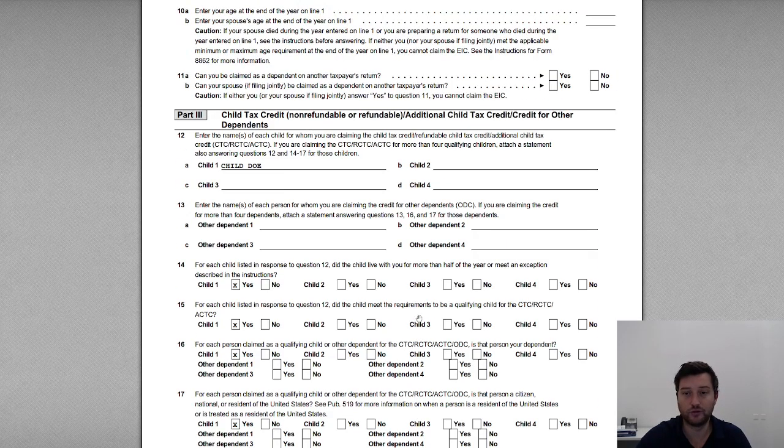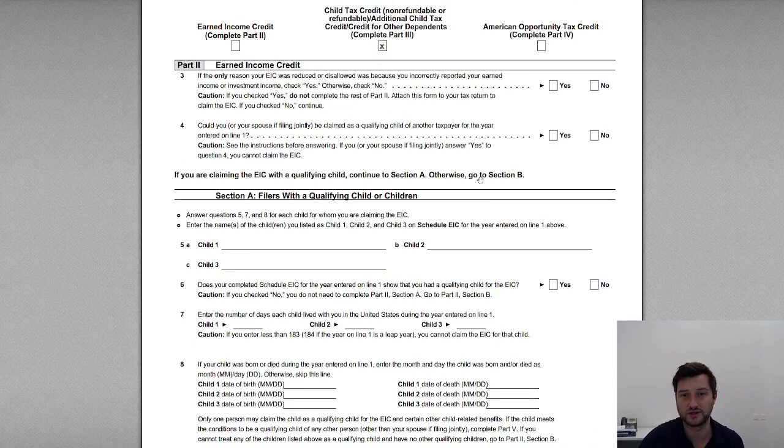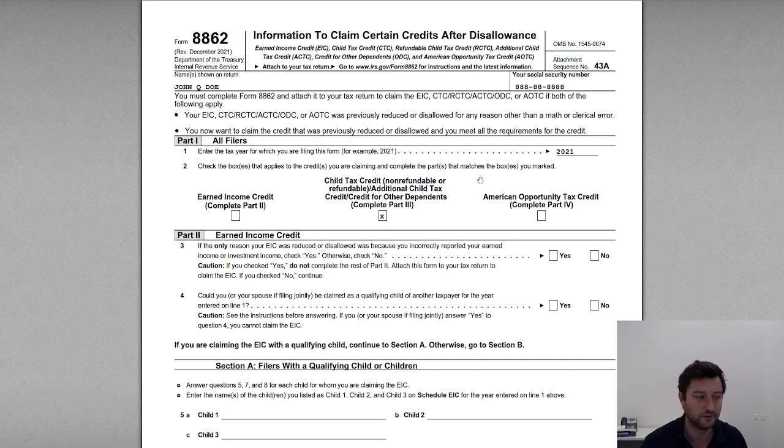And that's the end of the form. So you'll notice that there's not a lot of additional information on this other than the due diligence you've already seen on the Form 8812. Again, I think that what they're really trying to do here is just hammer home the necessary requirements to be able to claim the dependent.